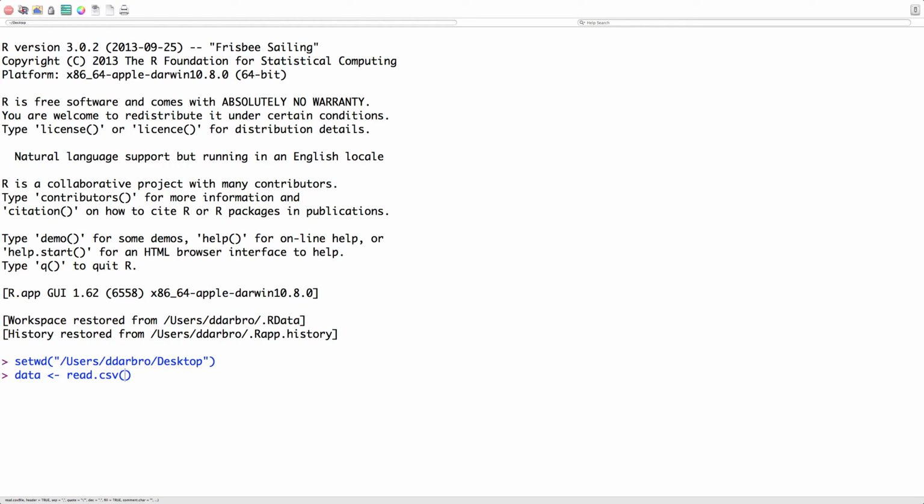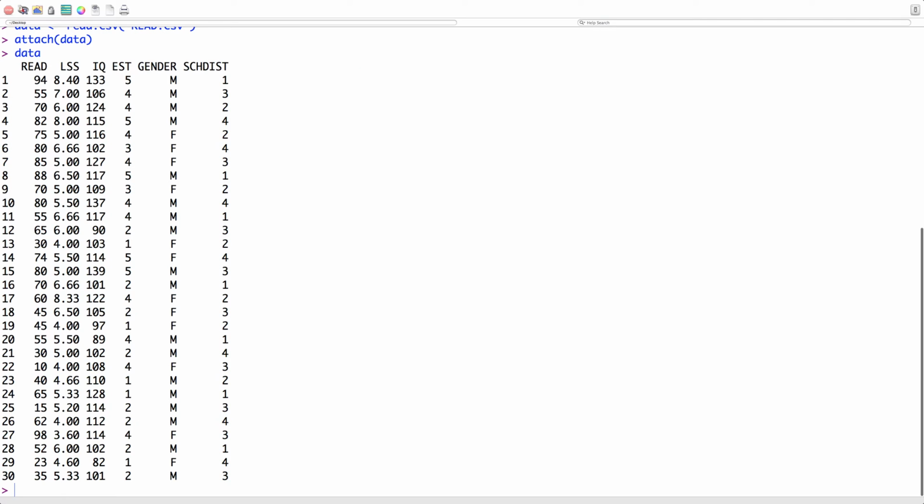And I think I called this READ. So I need to attach it. And everybody always wants to see the data. I really could care less, but I'll do that because it seems like all my students always want to do that.